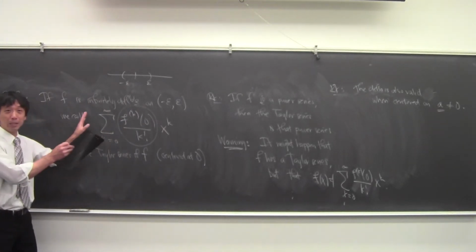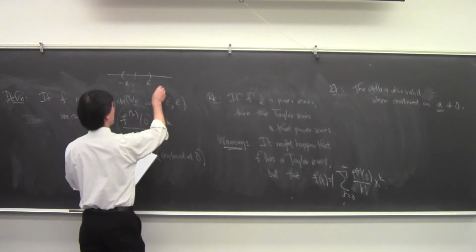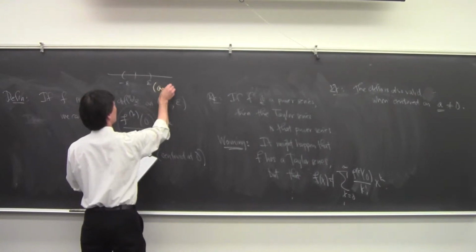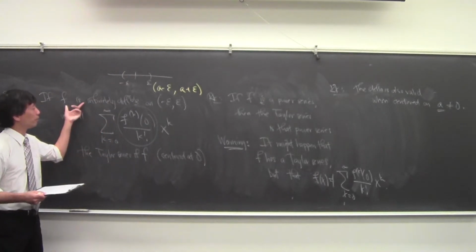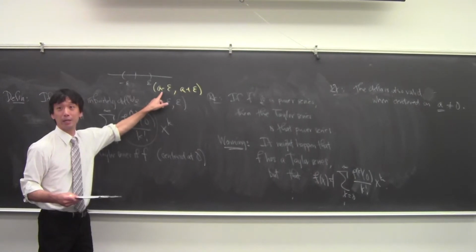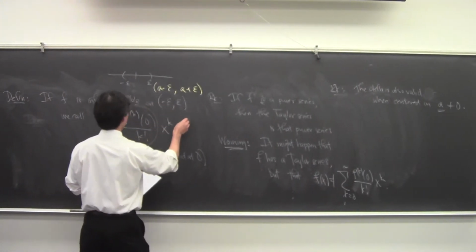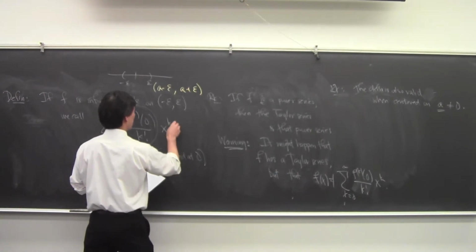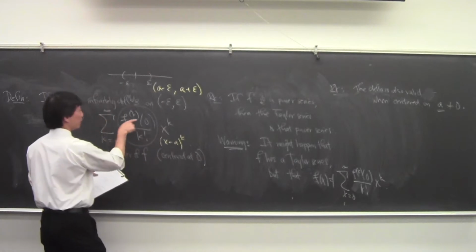Getting back to my remark, we could also do this for a Taylor series centered at some other point a. In that case, instead of x to the k, you would have x minus a to the k, and you would evaluate the derivative at a.